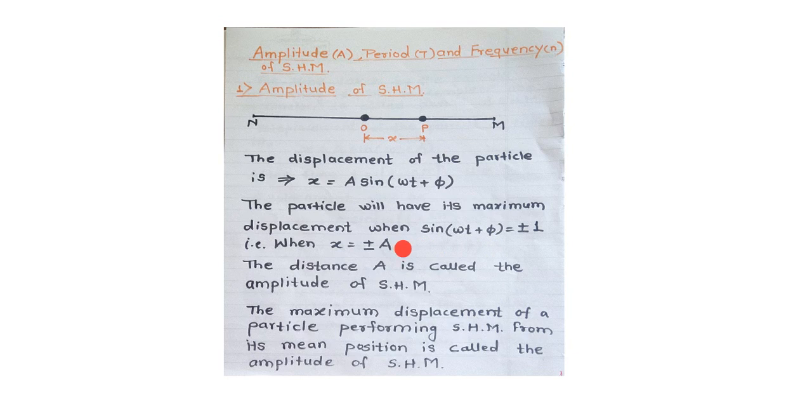The distance a is called the amplitude of simple harmonic motion. That is, the maximum displacement of a particle performing simple harmonic motion from its mean position is called the amplitude of simple harmonic motion.